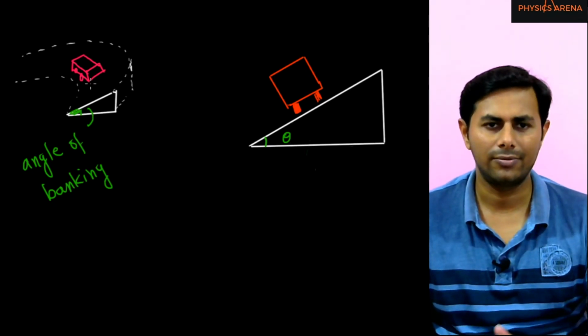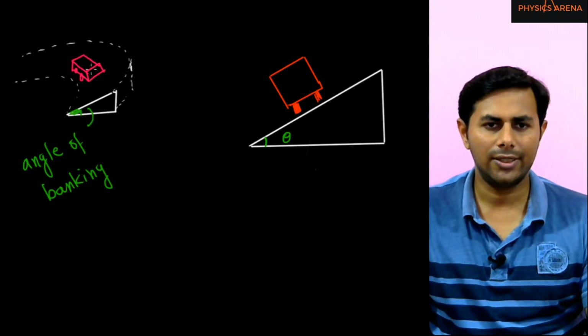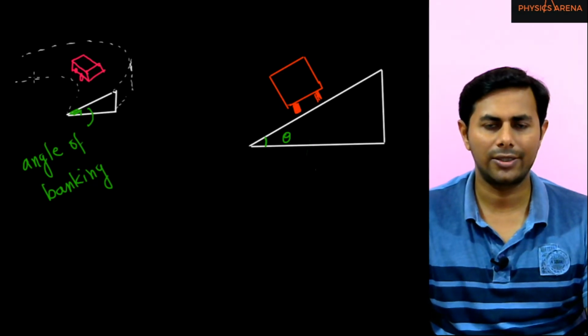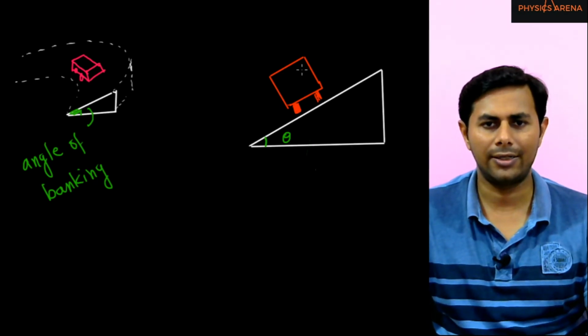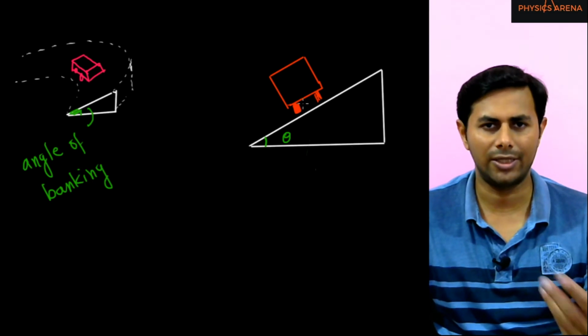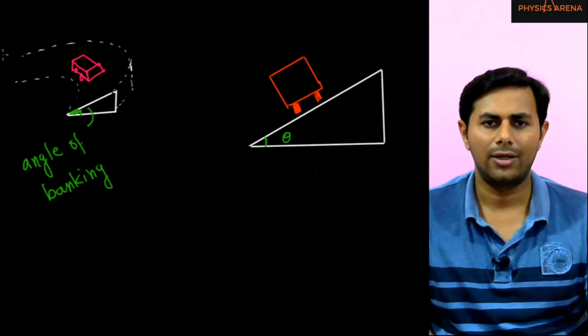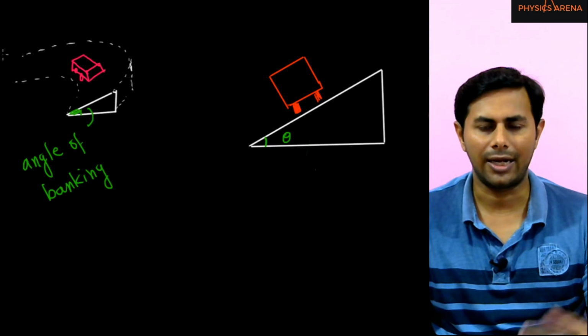So let's see how. So this is a vehicle moving along this curved banked road, and this is back view of the same vehicle. Now let's draw all the forces acting on this vehicle.